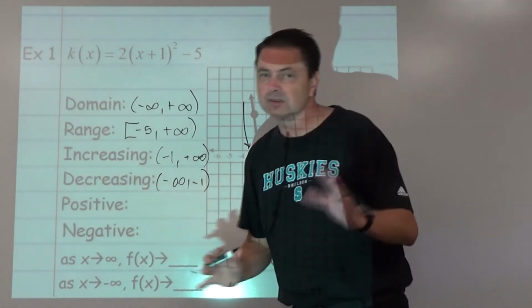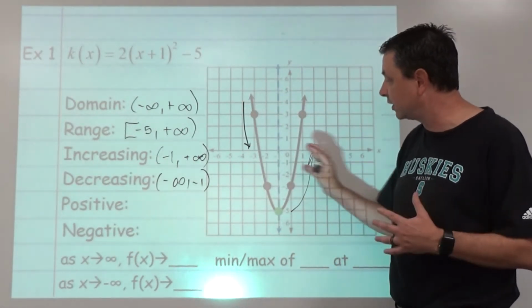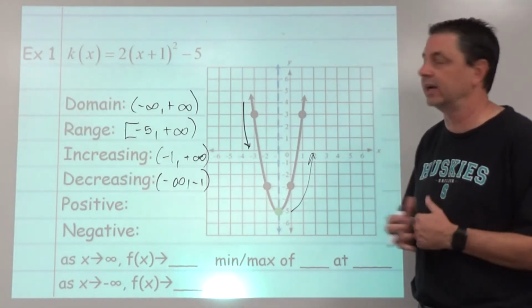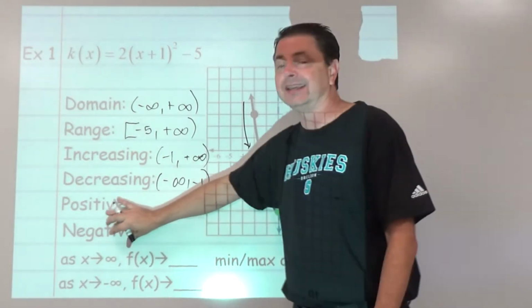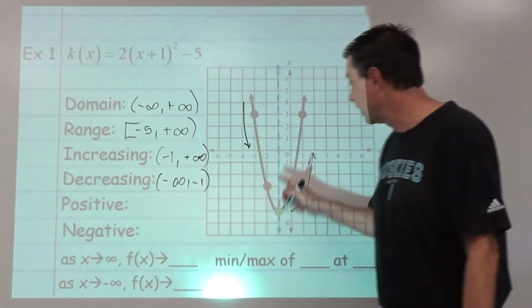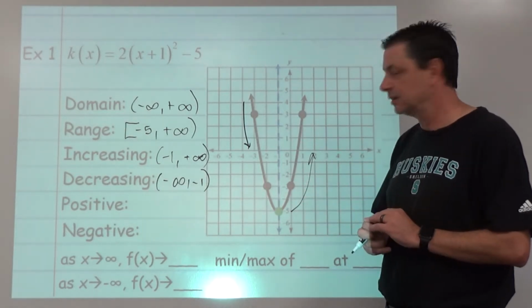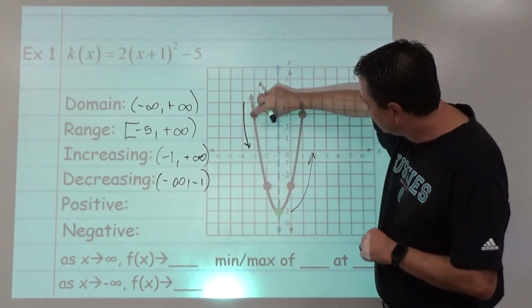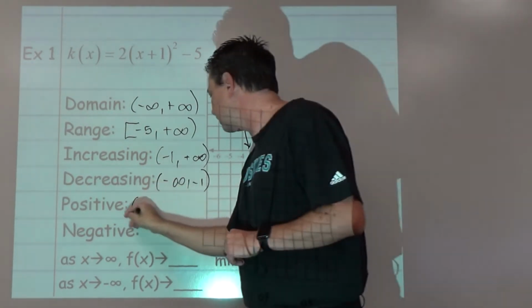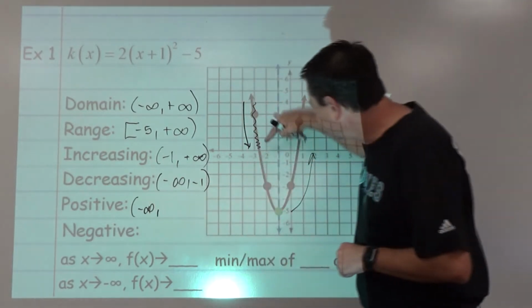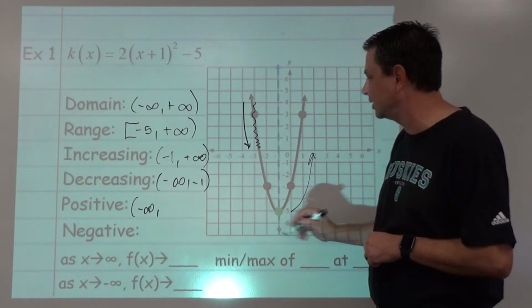Now, positive and negative is a little tricky. I'm not sure we can be exact on these ones for this particular parabola, quadratic function. Later, in future lessons, we're going to see how to get exact values for where we're hitting the x-axis. Right now, we're just kind of eyeballing it and guessing. So positive would be, hey, we're above right here. So from negative infinity, and it looks somewhere between negative 3 and negative 2, just slightly closer to negative 3.